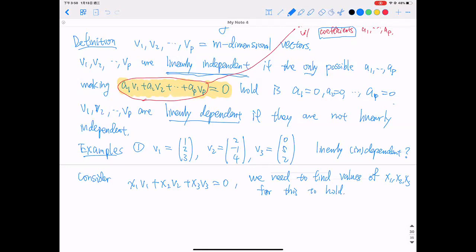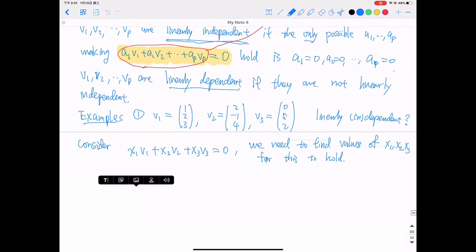We certainly know that having all the x's equal to 0 will make this equation true. If we find more than that, then we know the vectors are linearly dependent. Otherwise, they are linearly independent.